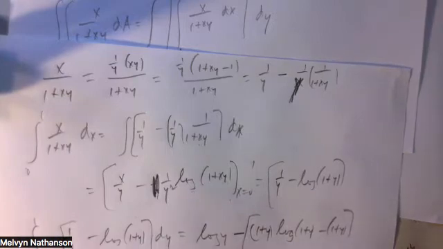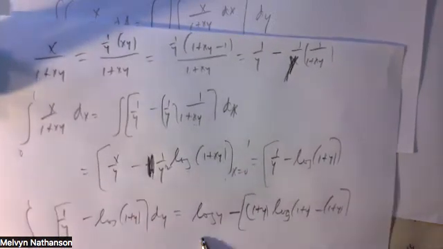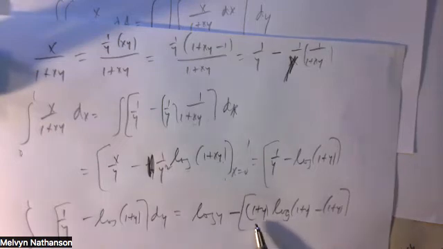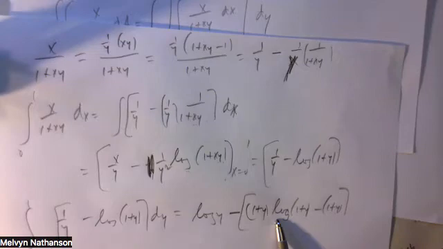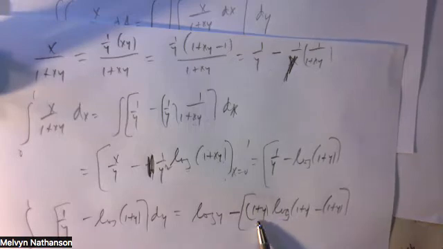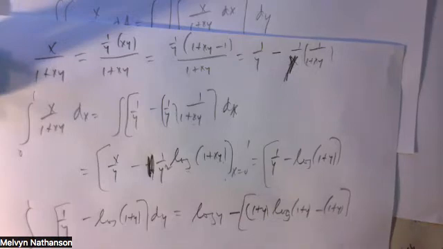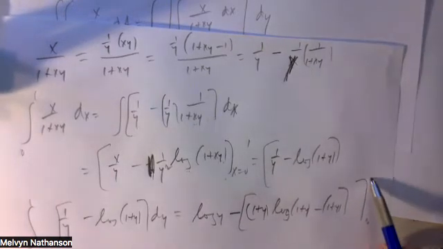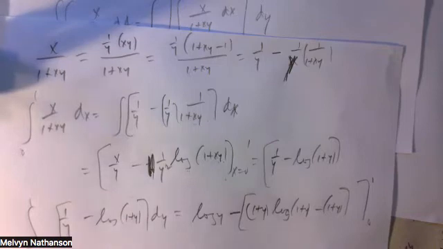If I differentiate this with respect to y, I get 1 over y, and log of 1 plus y, and 1 plus y over 1 plus y. Yeah, that's correct. And I'm evaluating this from y equals 0 to 1. Well, it's not going to work.